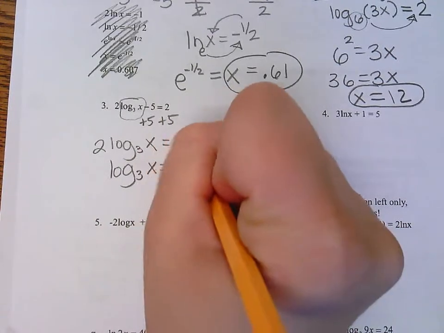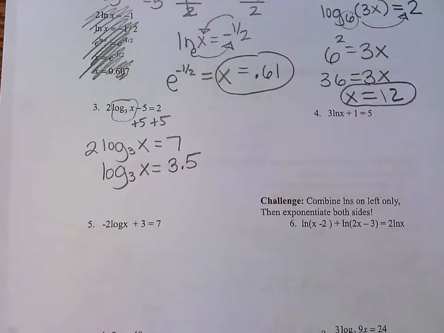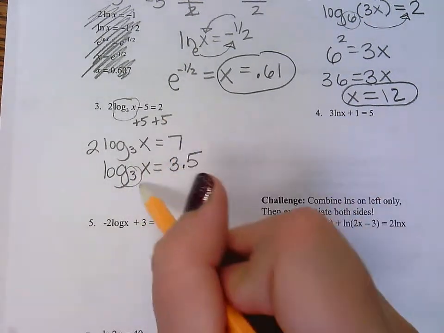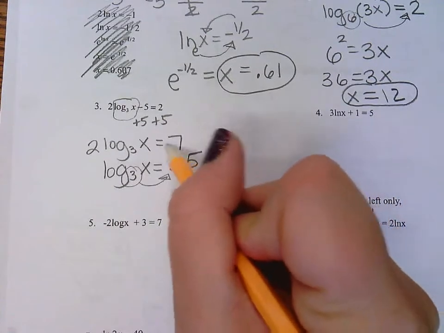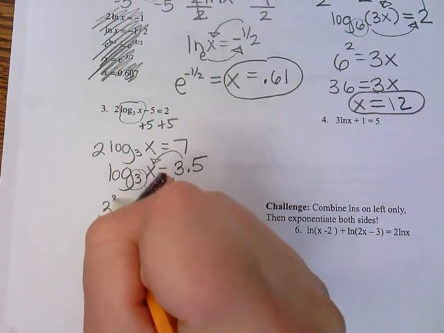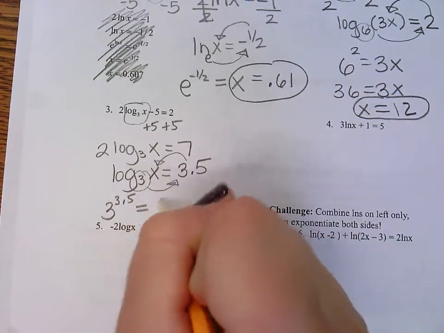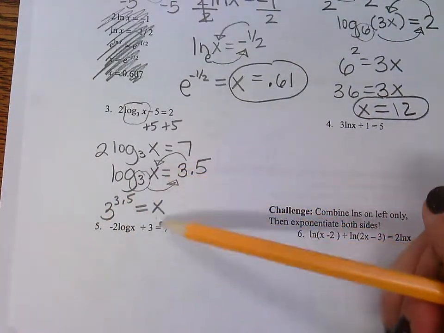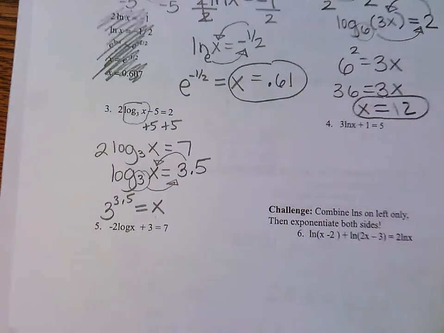Perfect. Divide by 2 on both sides, right? So what is my exponential expression? The base is 3. 3 to the 3.5 power equals x. So it gets you more comfortable with switching from log to exponential form.